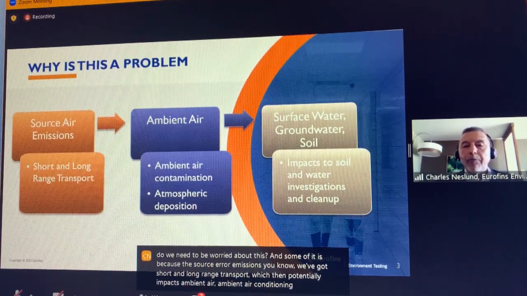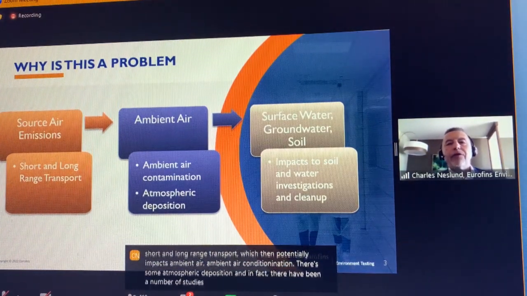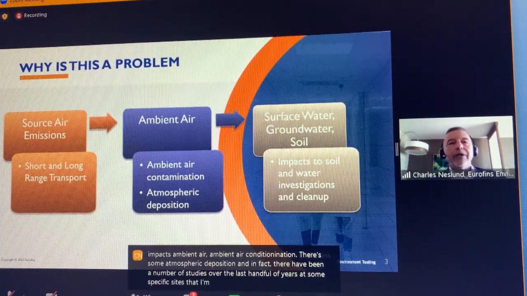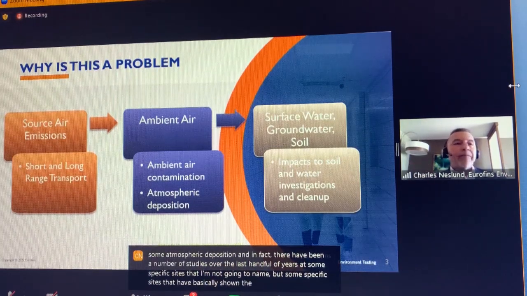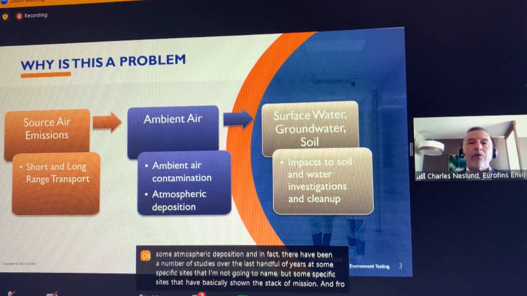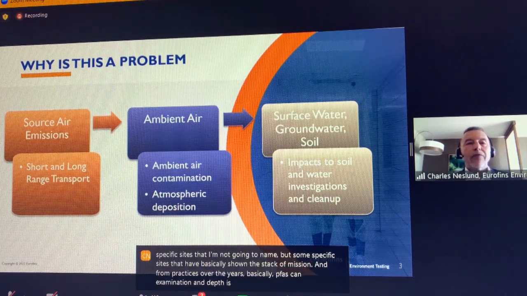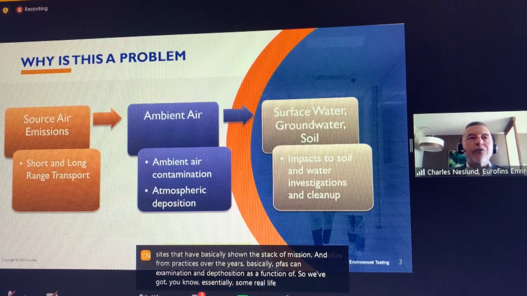There's some atmospheric deposition, and in fact, there have been a number of studies over the last handful of years at some specific sites that I'm not going to name, that have basically shown stack emission, and from practices over the years, PFAS contamination and deposition as a function of the prevailing wind, right? So we've got essentially some real life laboratory evaluation to show that that's the case.